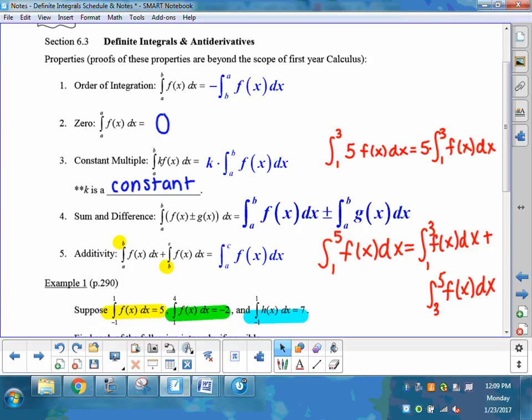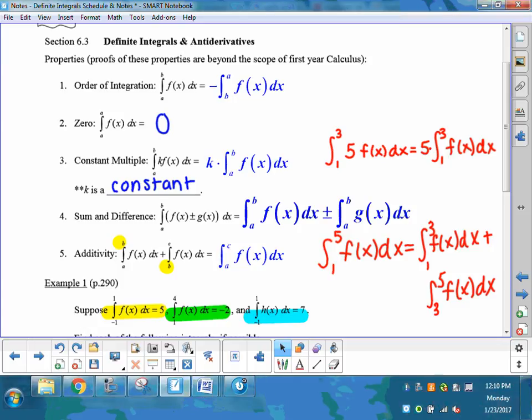Take a look now. Suppose we have these known integrals. The area from -1 to 1 under the curve is equal to 5. The integral under the curve from 1 to 4 of f of x is equal to -2. What does that mean, by the way, if it equals -2? What does that represent? David?